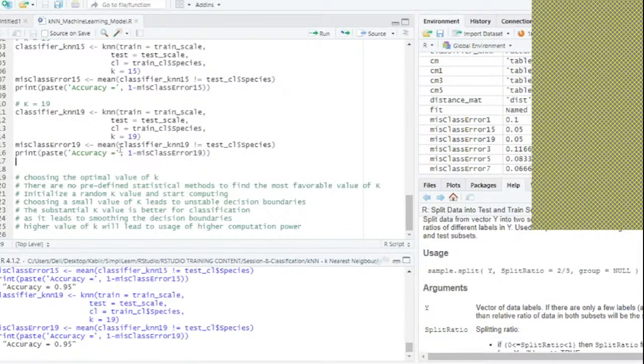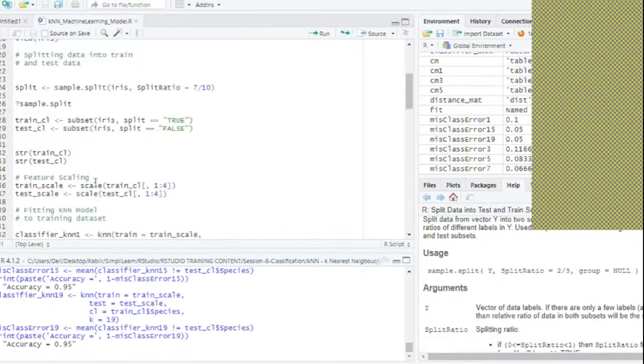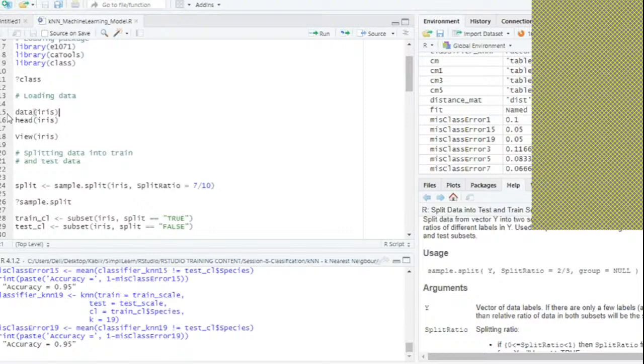Scaling, Arush, we had done scaling earlier. Remember, we subtract all the numbers from the mean and then divide by the standard deviation so that we arrive at a rescaled value. It normalizes all the values. Let me explain scaling. 1 to 4 means pick columns 1 to 4.